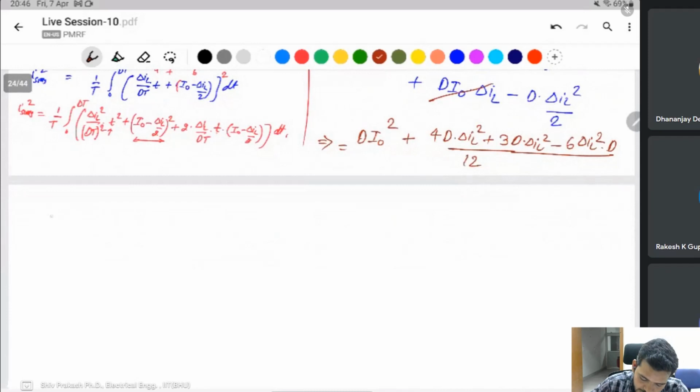Finally, you will get I switch RMS square is equal to d I naught square plus d into delta IL square divided by 12.